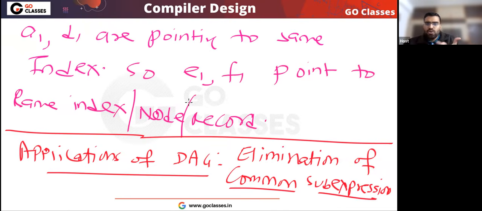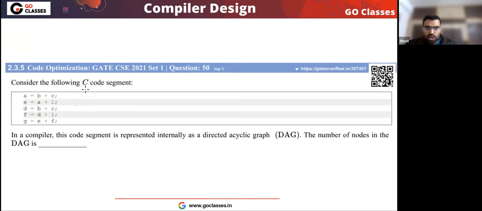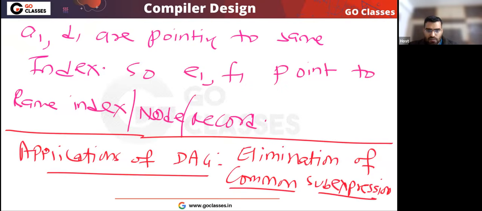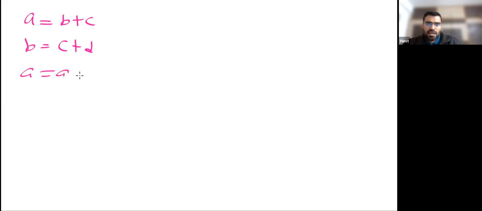For one statement, can you create an abstract syntax tree? For one statement, can you create a DAG? For a basic block, can you create a DAG? For a basic block, you can also create an abstract syntax tree. Let's take this basic block: a equal to b plus c, b equal to c plus d, a equal to a plus c.